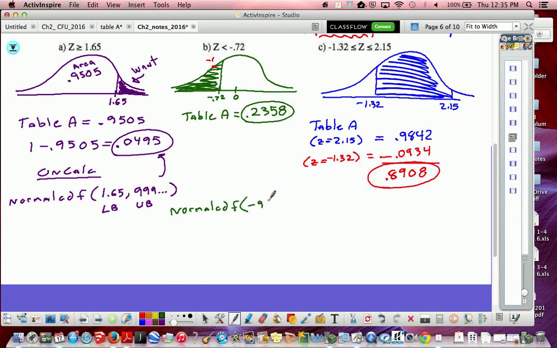So I can just go negative 999, comma, to my z-score, negative 0.72. Let's see if we get... whoops, I put 7.2, and it should be 0.72. Do you get 0.2358?